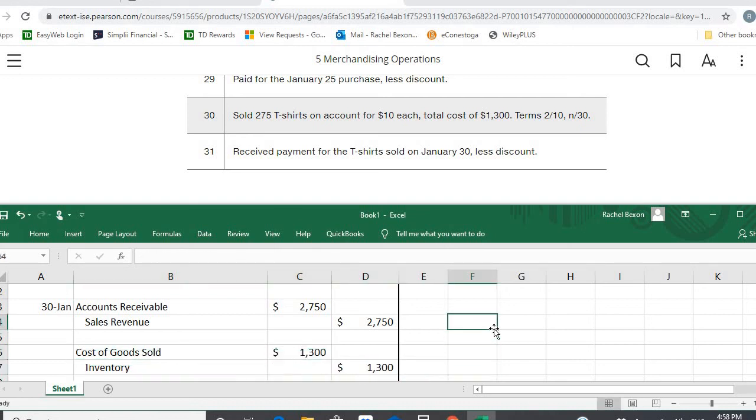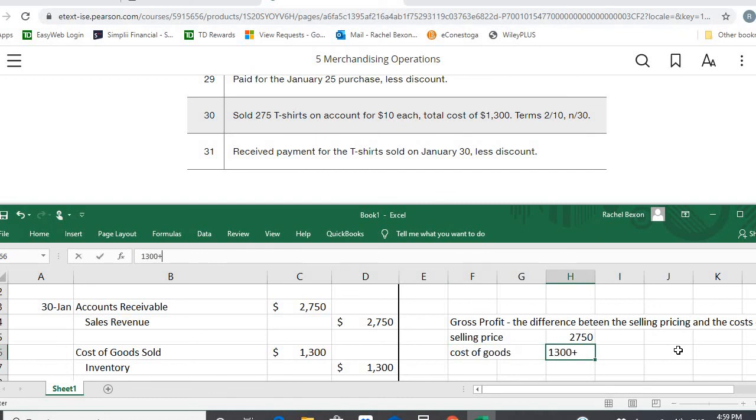You've heard me talk before about gross margin or gross profit. That is the difference between the selling price and the cost of goods. So in this example, our gross profit is the difference between the selling price, which in this case worked out for the total order to be $2,750, less the cost of goods sold of $1,300.